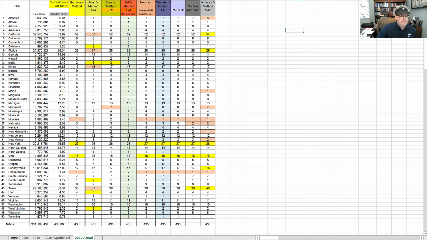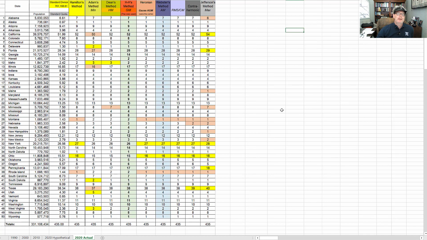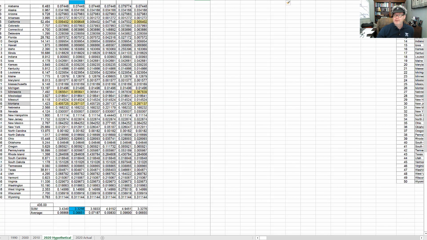If I go real quick again, I think I mentioned this, but in 1990, at least compared to Hamilton, it was a smaller state that gained a seat. Where was it? And a bigger state, not. Webster versus Hamilton.